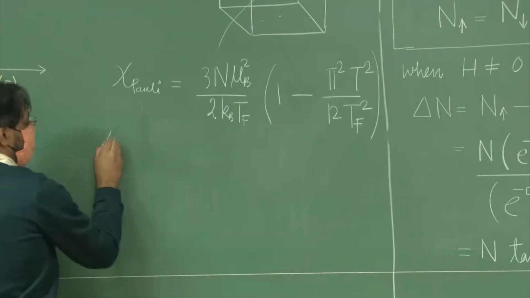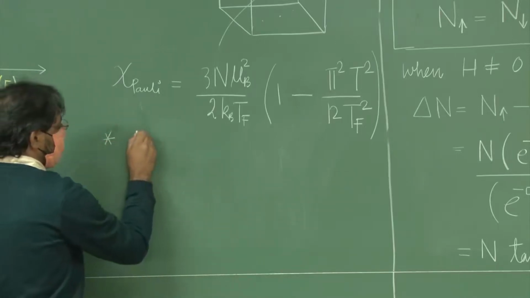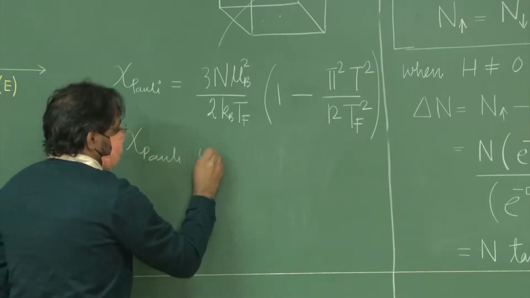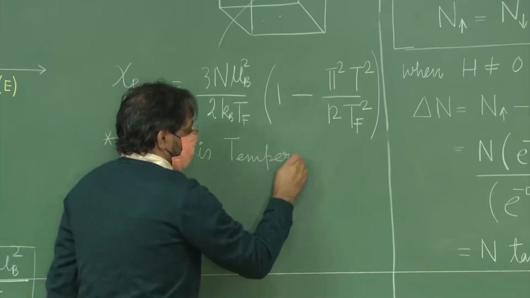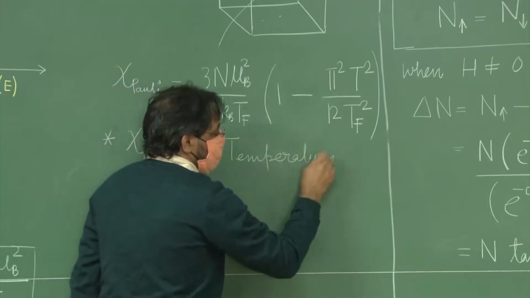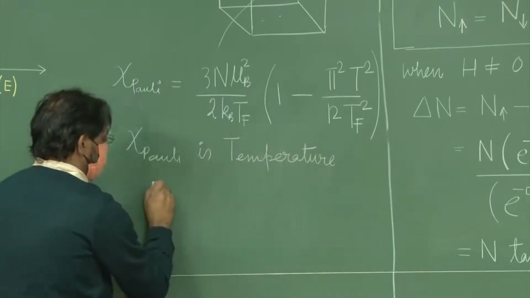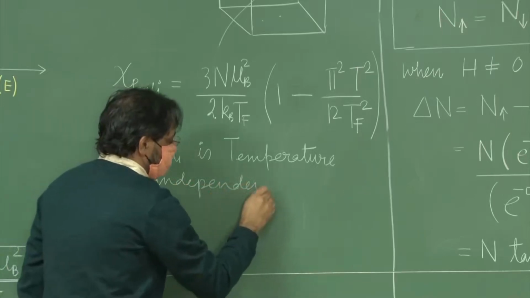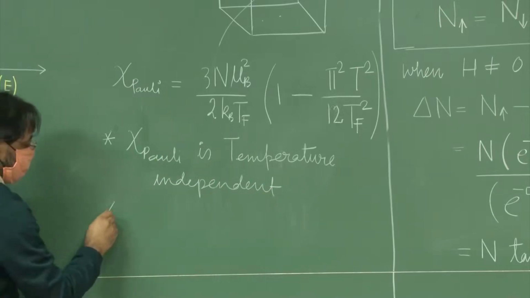So for all practical purposes, you can say that Chi Pauli is temperature independent, unlike Chi Curie, which is strongly temperature dependent. That's point number 1. Point number 2.